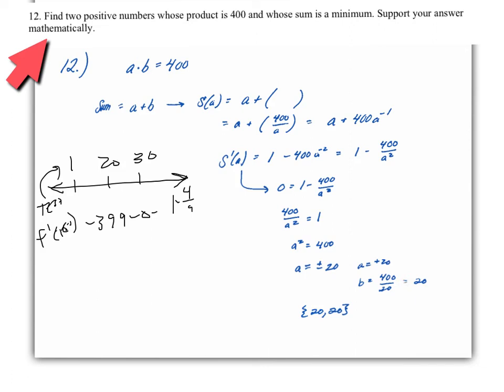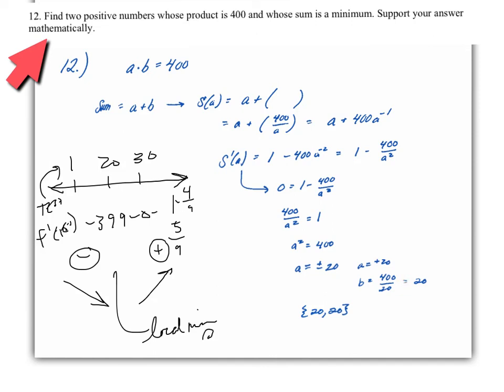The 1 becomes 9/9, and you end up with 5/9. But you see you end up with a negative value and a positive value. We go from decreasing to increasing. And so we know we have the local minimum for our sum at a equals 20. So there we've justified this conclusion.